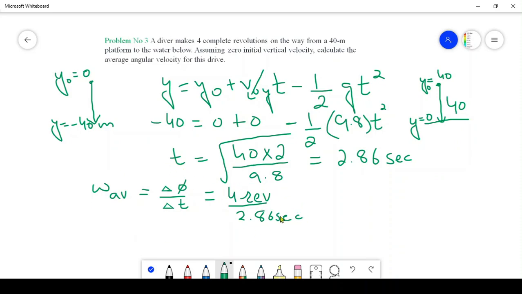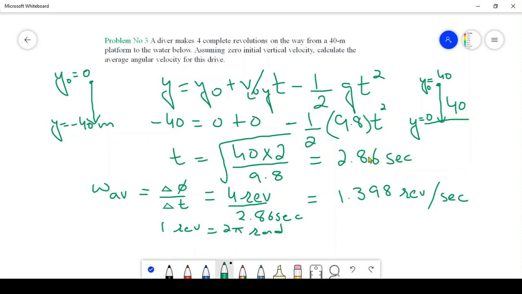If we solve this equation, we would get the answer of 1.398 revolutions per second. If we want to find the answer in radians per second, we know that 1 revolution is equal to 2 pi radians.